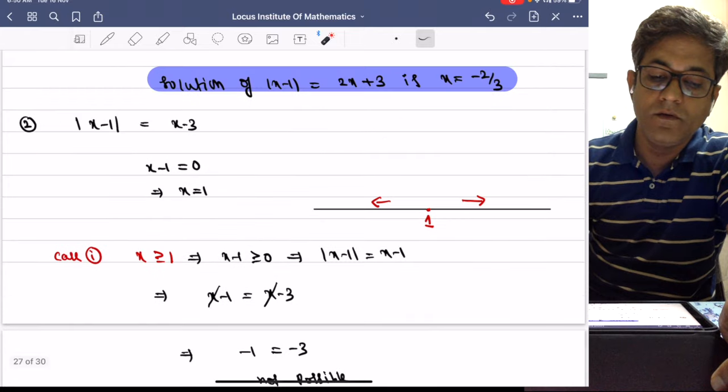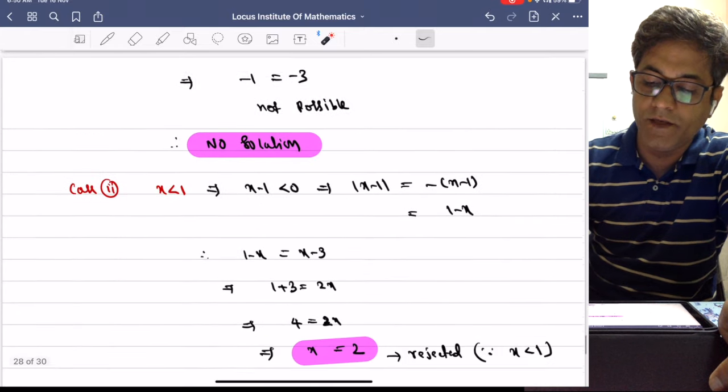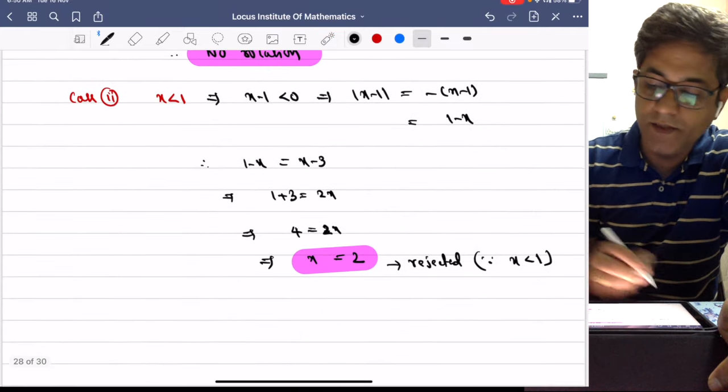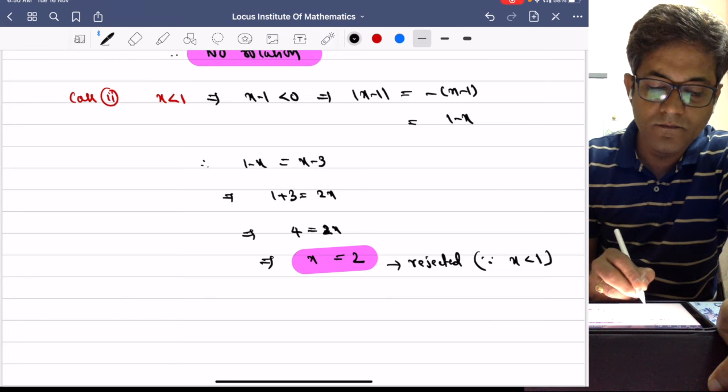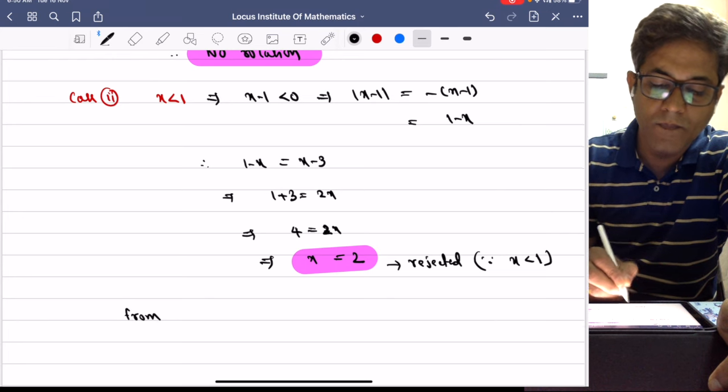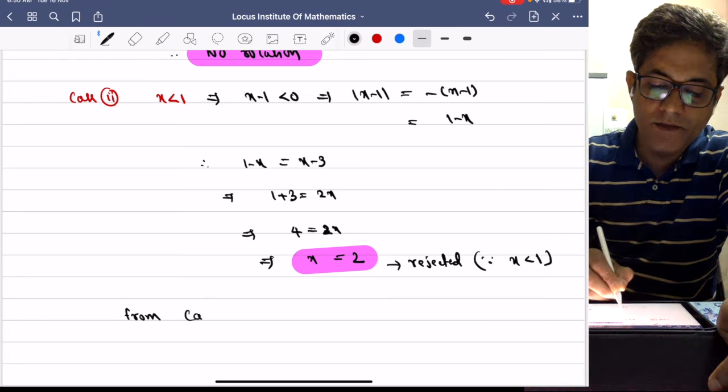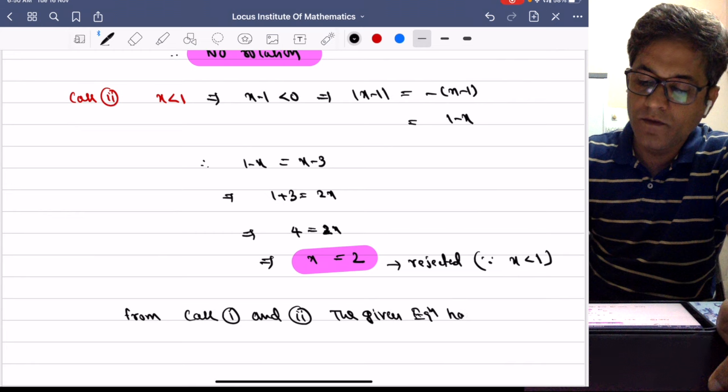So the equation has no solution finally. Therefore, from case 1 and 2, the given equation has no solution.